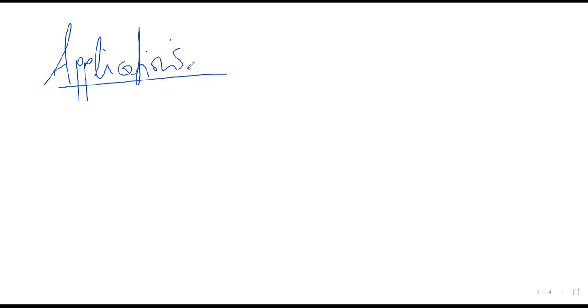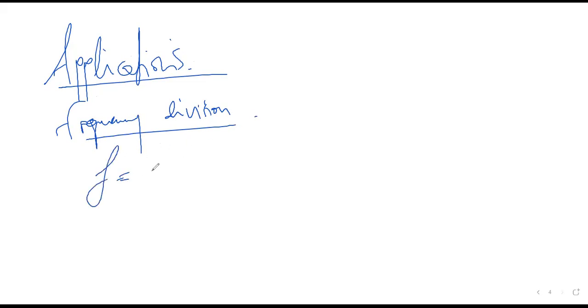Application number 1. We have application of the flip-flops in frequency division. A frequency divider. What is that? Suppose you have a clock of frequency, let's say 10 megahertz. That is the frequency you are given.